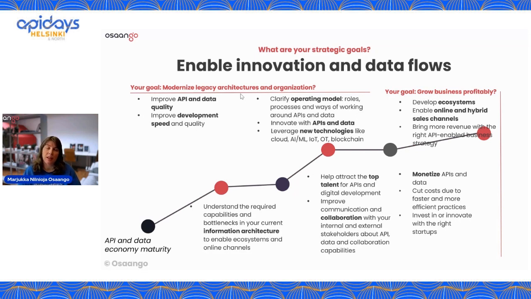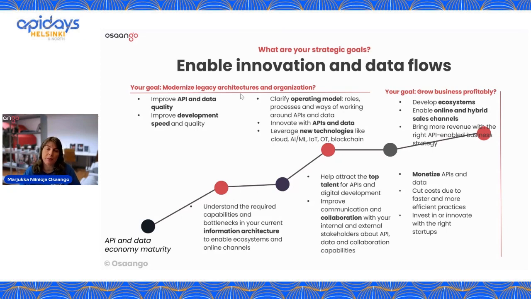But your goal could simply be that you want to improve your API and data quality or reuse, or you want to grow and scale up your operations with APIs. And you might need to look into your development speed and quality. Like, are we building the right APIs?